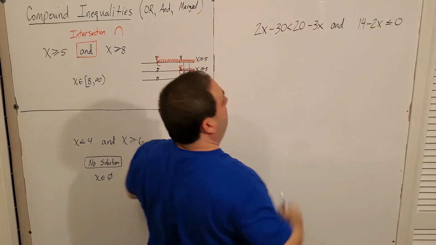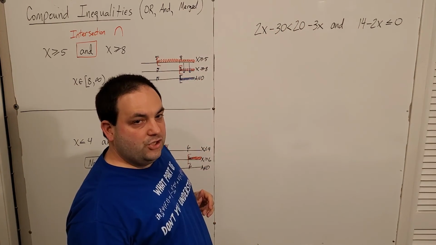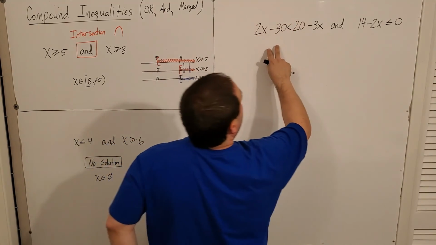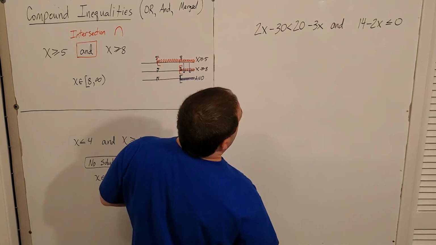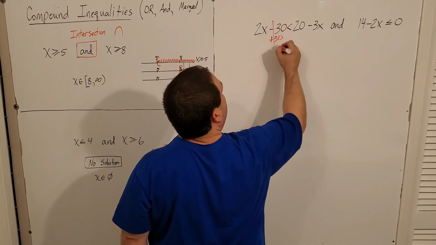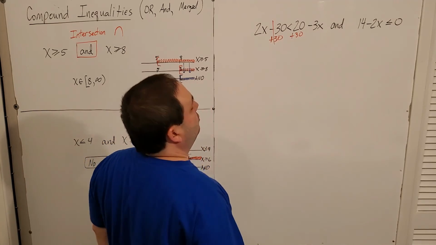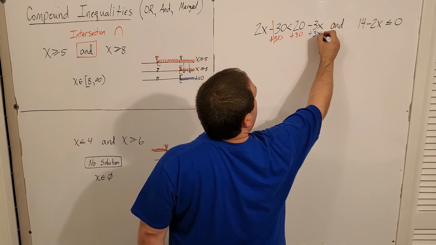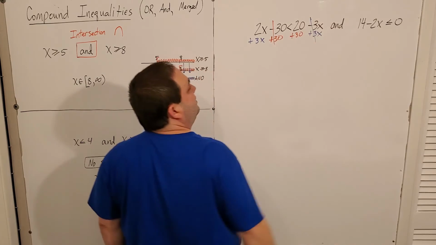So again, notice it's compound because I have the "and", but I have 2 of them that I need to solve. Okay, so let's do that. I start by solving the individual ones. To get this one rolling, I am going to add 30 to get rid of this 30. And then I'm also going to get my letters to the left by adding 3x to both sides to get rid of this one.